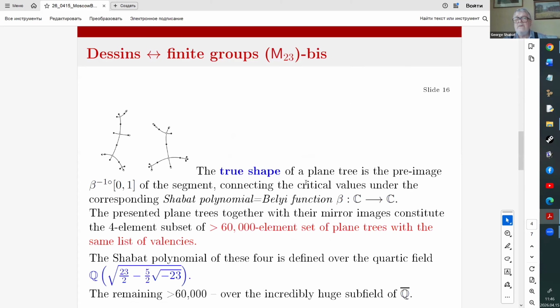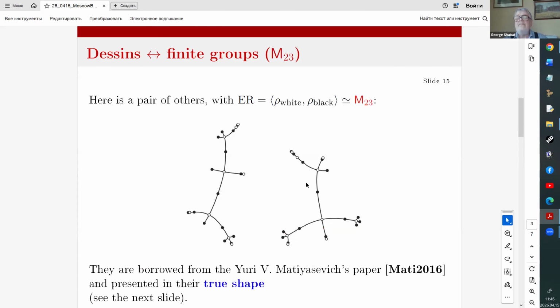So from the next slide, we see that there are more than 60,000 realizations of these trees, and they are defined over a field of unthinkable complexity.